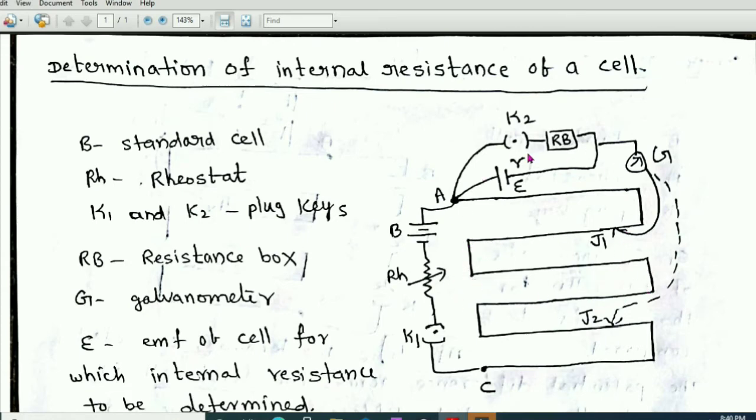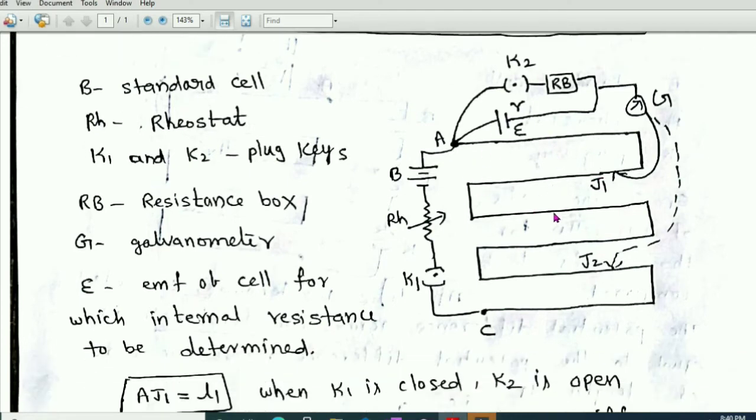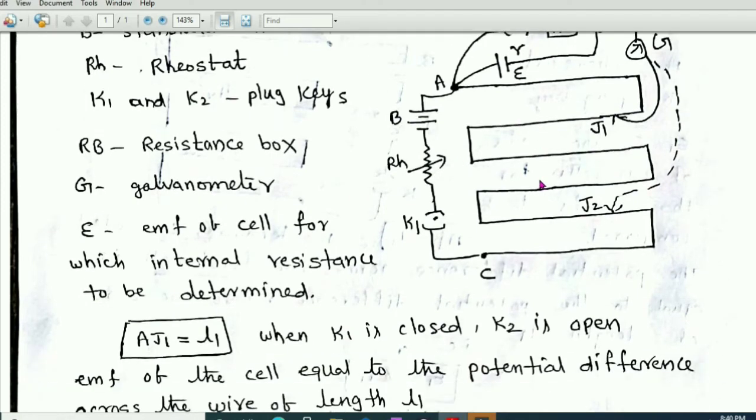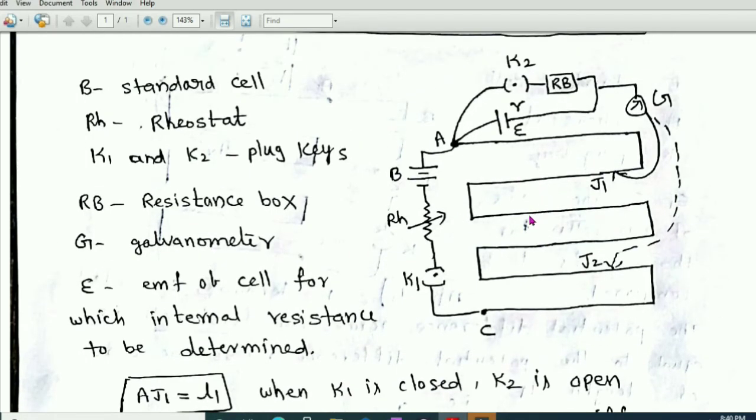This is the circuit diagram. By using this we can find the internal resistance of a cell. For the experimental procedure, first we have to close K1. Once K1 is closed and K2 is open, we have to move the jockey from A until the galvanometer shows null deflection.